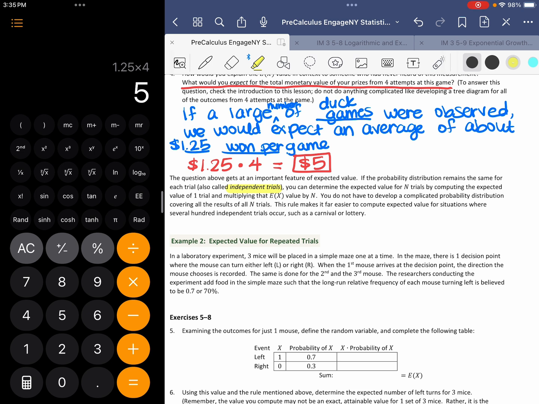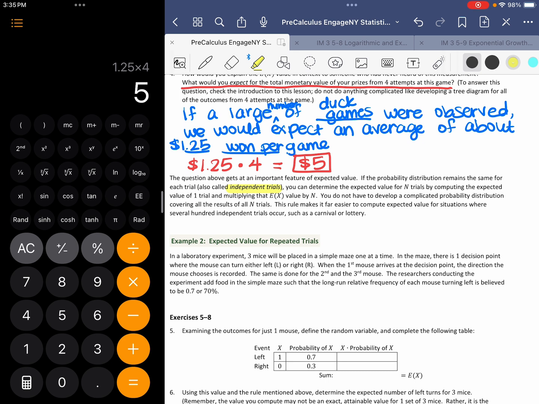You don't have to develop a complicated probability distribution covering all the results of all n trials, and this rule makes it far easier to compute expected value for situations where several hundred independent trials occur, such as a carnival or a lottery.